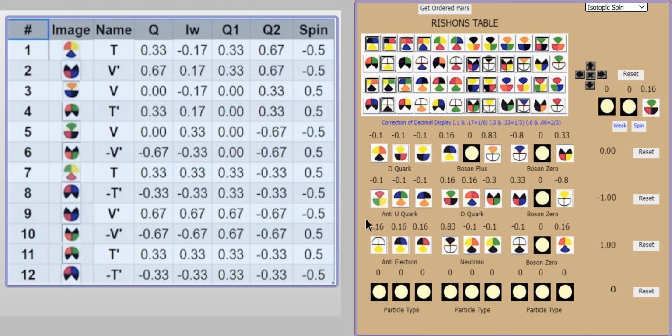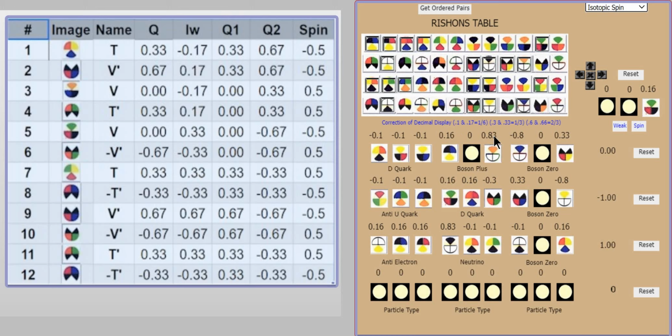Now, let's see if our resulting decay products give us 0 also. Again, if we look at the isotopic spin here, we have minus 1/2 and minus 1/2, which is minus 1.